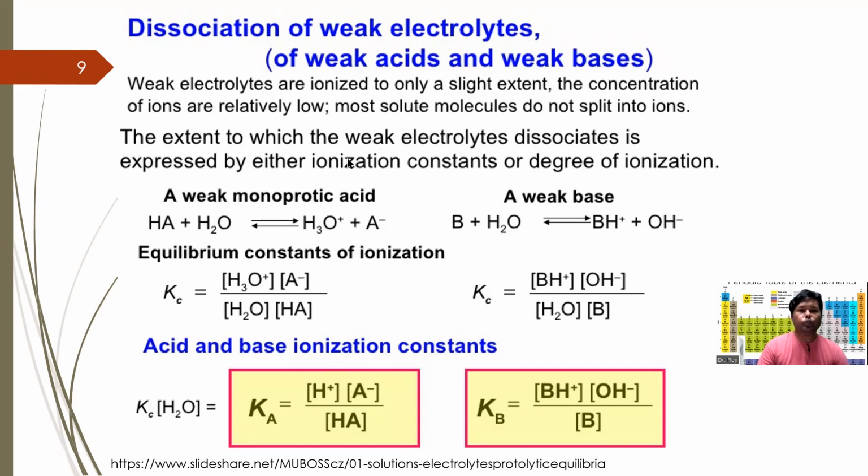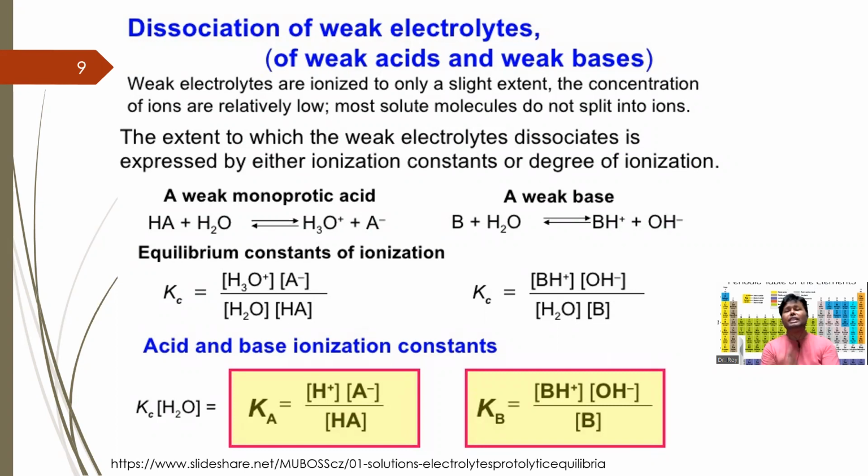So the extent to which the weak electrolyte dissociates is expressed by either the ionization constant or the degree of ionization. For any weak acid, what is the percentage or the amount that dissociates? As you already mentioned, a strong acid and a strong base dissociate completely. In the case of a weak acid or weak base, it does not dissociate or ionize completely.